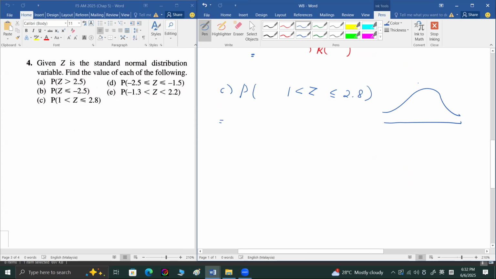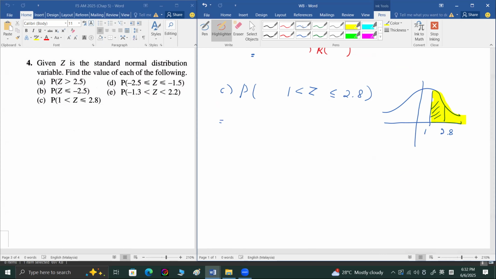For you that are using MS, lies between here is from 1 to 2.8. Class, you can imagine that I want to get this region, so I must get here.